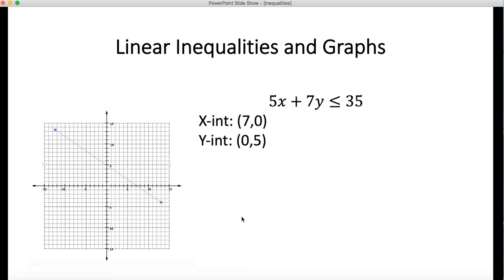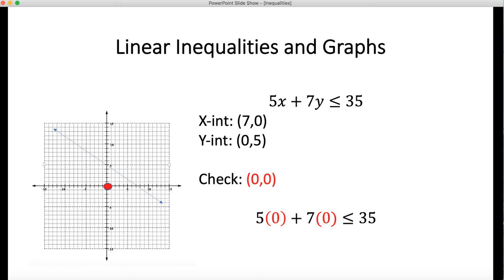What we do is we check a point. An easy point to check, if it's possible, since sometimes you can't pick it because it's on the line, but you have to pick a point that's not on the line, and an easy one would be the origin. So we're going to check 0, 0. That's the origin, right? So you plug 0 in for x and 0 in for y in that inequality.